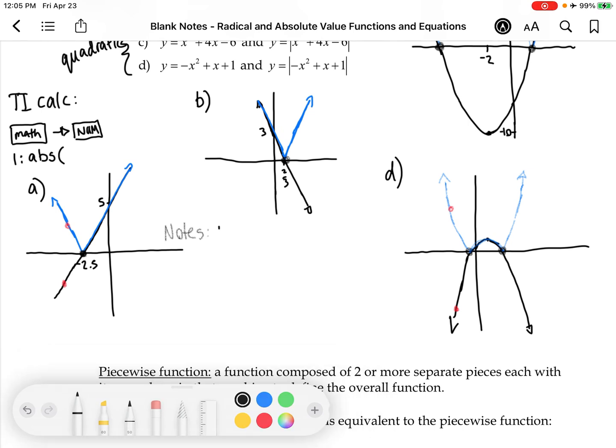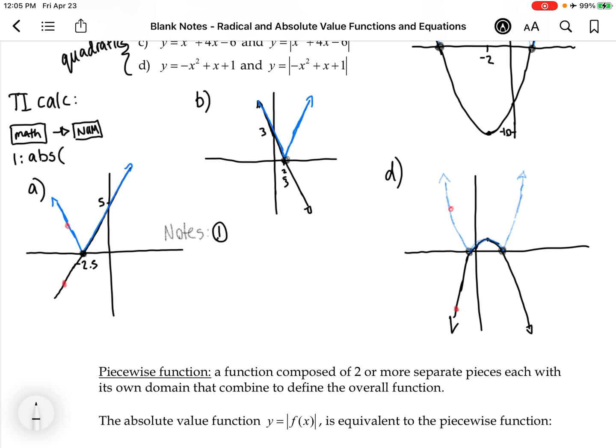Okay, notes. Number 1, the x-intercepts always stay the same. Okay, and they are called, we've heard this term before, invariant points. Okay, so we saw that come up when we looked at reciprocal functions.